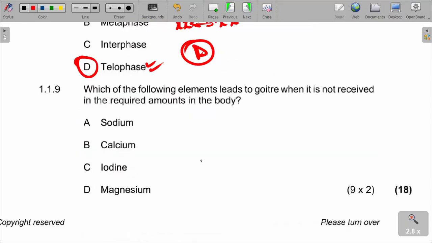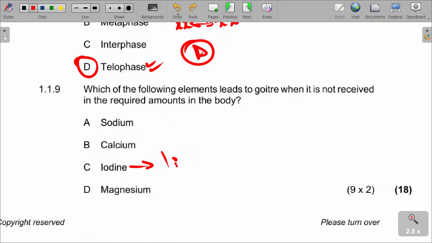D. Which of the following elements leads to goiter when it is not received in required amounts in the body? Calcium is for bone formation and strength. We talk about sodium. When we talk about goiter, we talk about iodized salt.